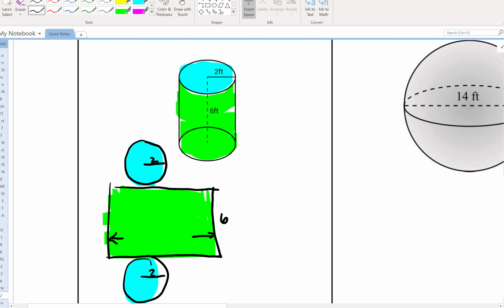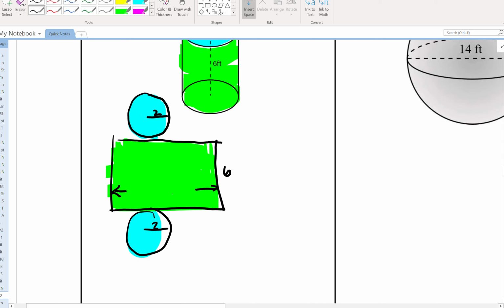This green part here, this lateral side, needs to be long enough that when you wrap it around the top and the bottom, it'll go all the way around. And all the way around the circle is the circumference of the circle, which is 2 times pi times the radius. The radius is 2, so that's 2 times pi times 2, or 4 pi.